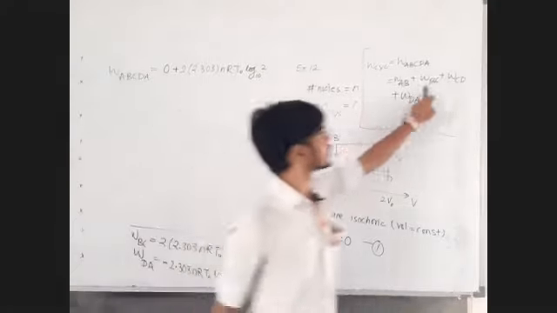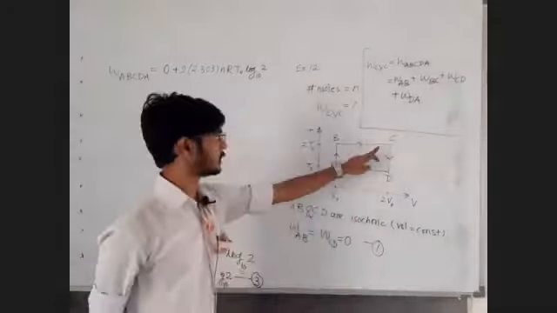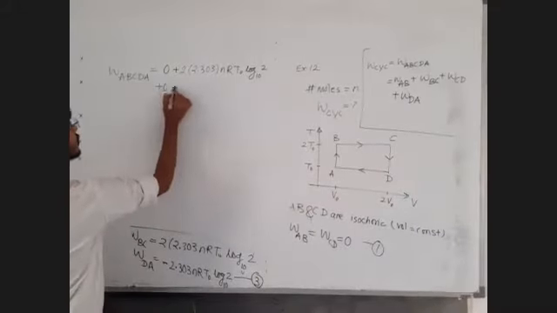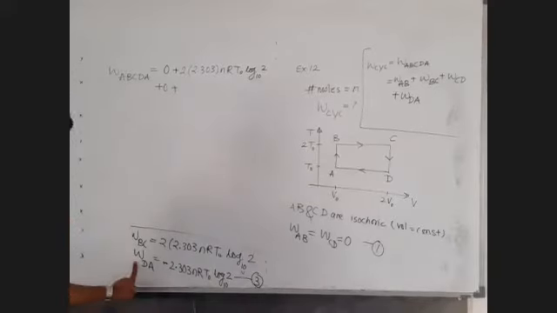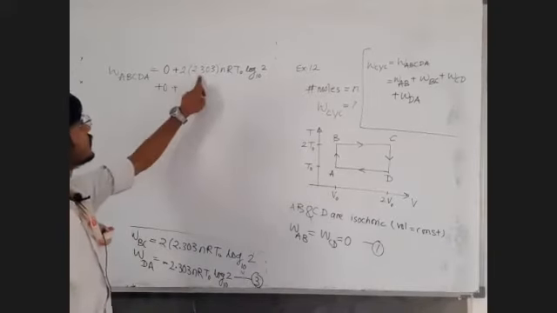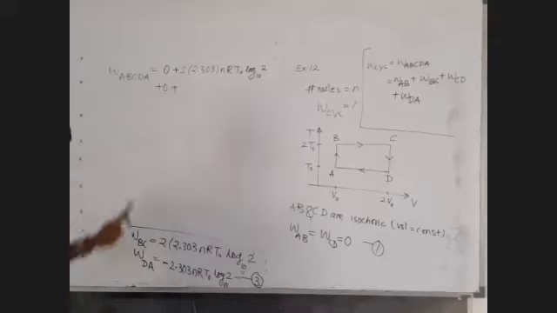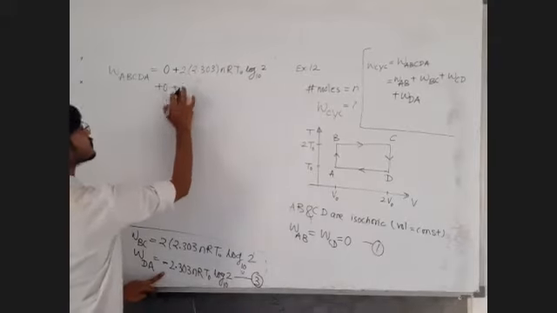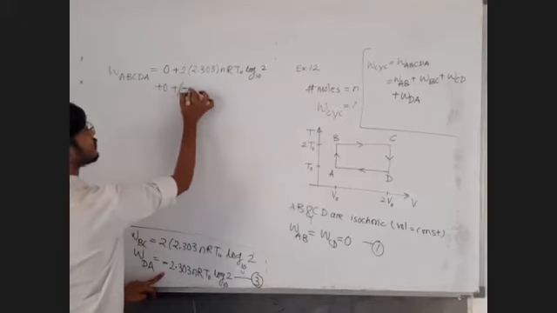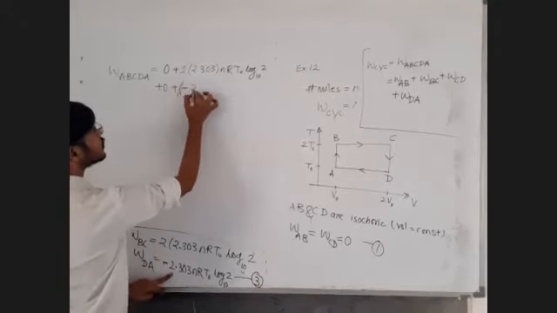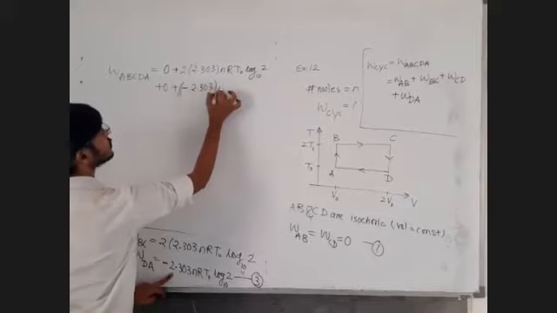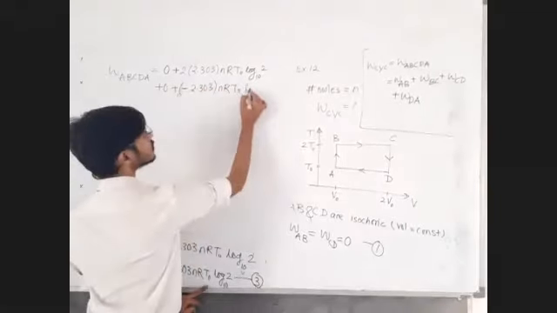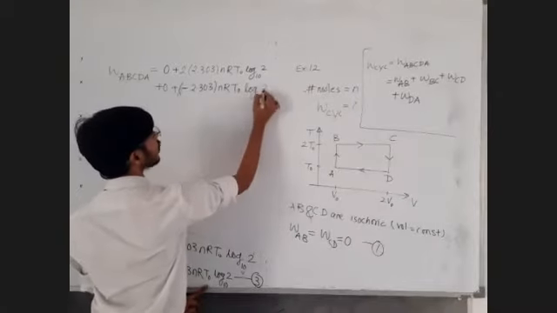Work done in the process BC plus work done in the process CD. Work done in the process CD is, sir, 0 plus work done in the process DA. DA is this minus 2.303 nRT0 log to the base 10 of 2.